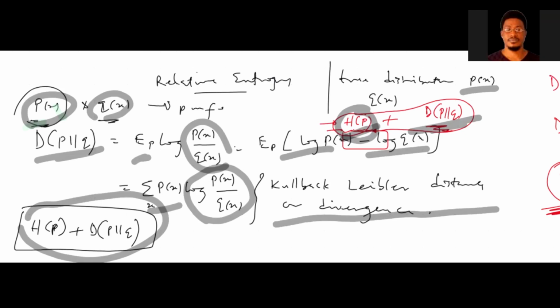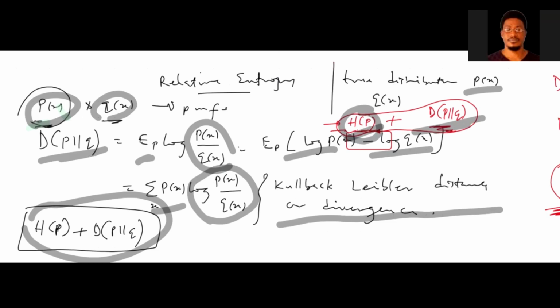the conflicting distribution. Once we know this, we could estimate the actual average description length, the entropy of the true distribution, which is this. This is what we are supposed to use to construct the code. But now we are confusing this distribution with another distribution.